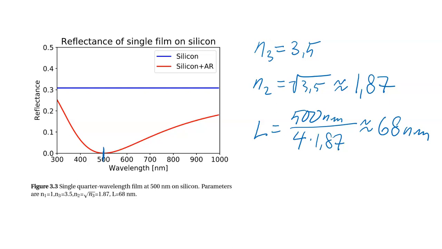It has dropped from an initial value of around 30% significantly. By using some more complicated layer structures, the anti-reflection property can be modified. And usually we want very broad wavelength range operation.